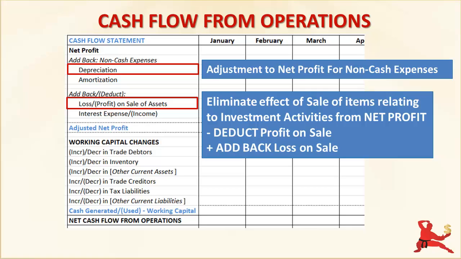Because our net profit in the profit and loss statement was reduced by this loss on sale of fixed asset. So we have to add it back. By doing these adjustments to the net profit figure under the cash flow from operations section of the cash flow statement, we eliminate the profit or loss effect of items that relate to investment activities, like sale of fixed assets.